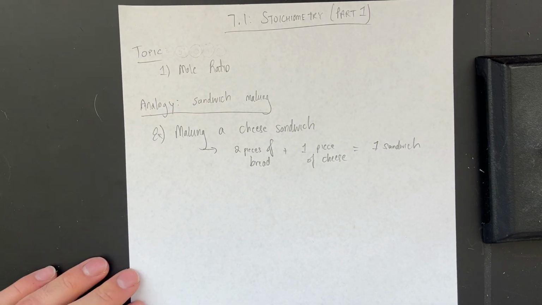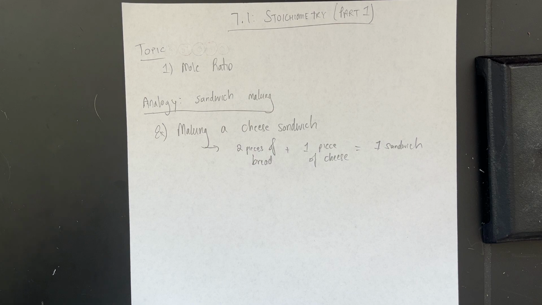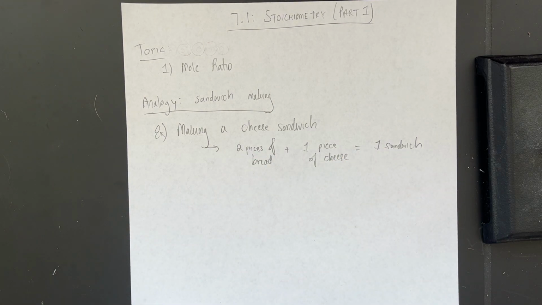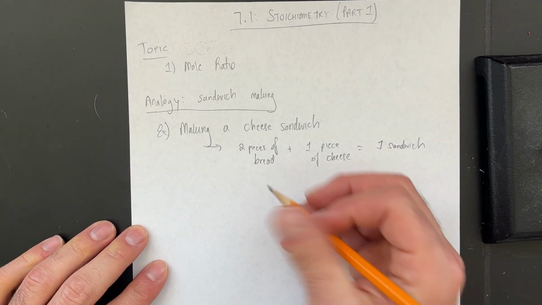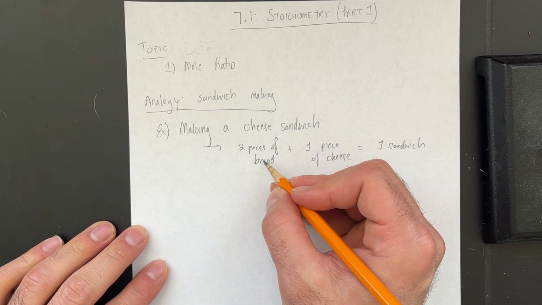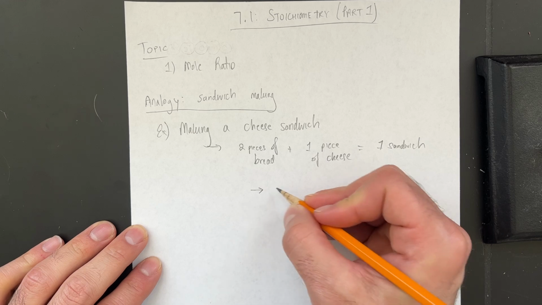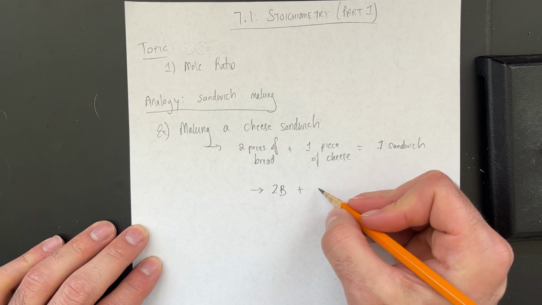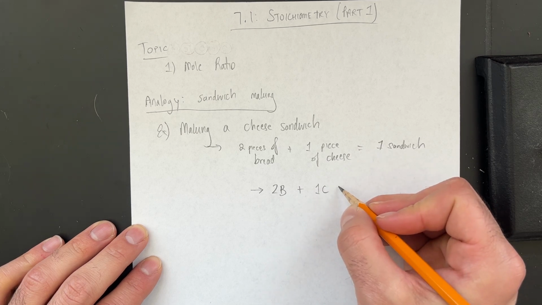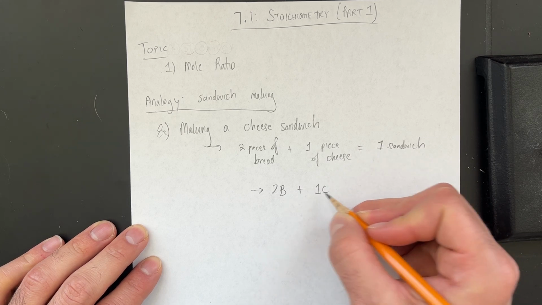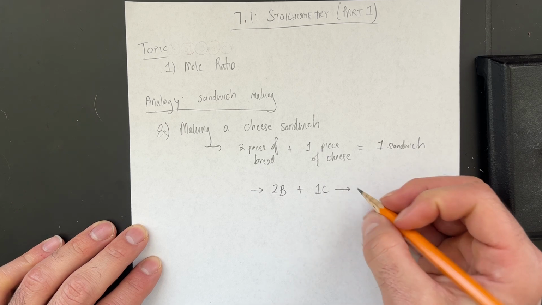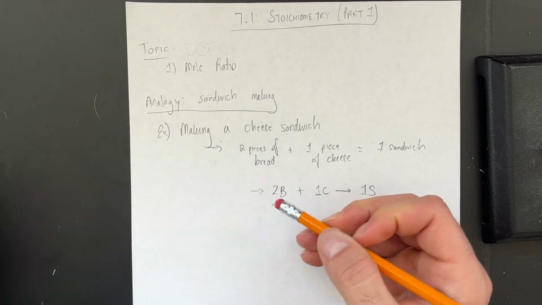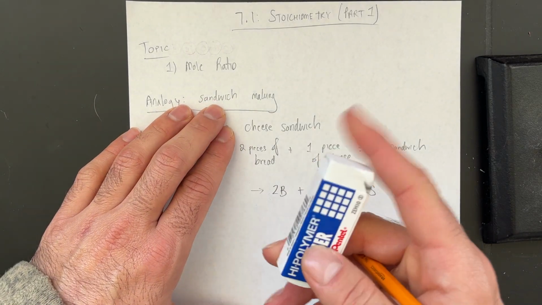And in this situation, we're combining things in a specific ratio. Now, this is kind of a lot to write, so let me rewrite this with symbols. Let's use B for bread, so 2 B's, and for cheese, let's write C. So 2 B's and 1 C yield, so let's use the arrow for that, 1 S. Now I realize I put an arrow here too, so let me remove that so you don't get confused.